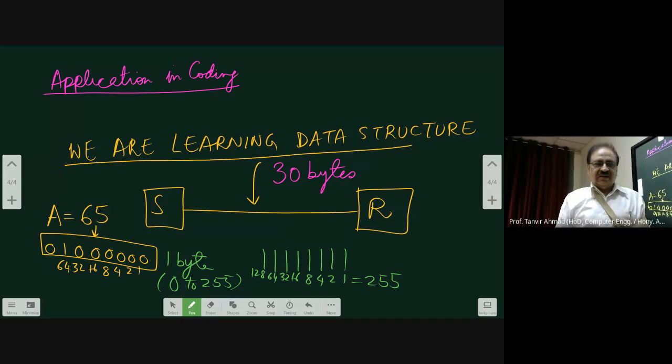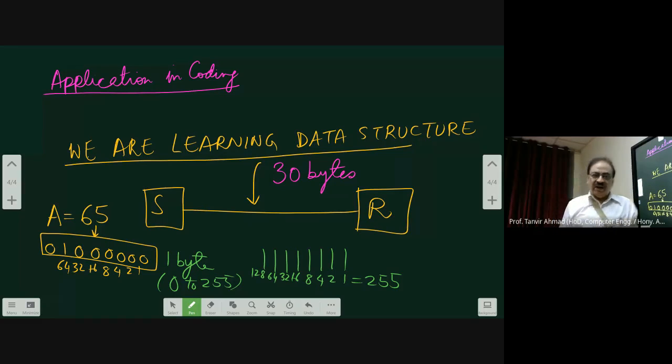Now my question is, how can I make it less than 30 bytes? Obviously, you can't if you represent it as normal ASCII values, because you cannot compress ASCII characters. Every ASCII character takes a minimum of 1 byte.